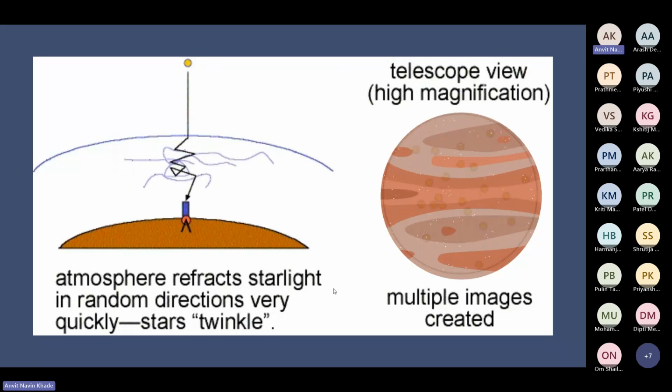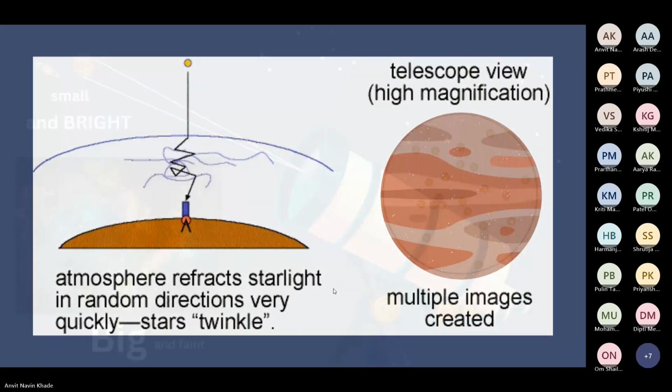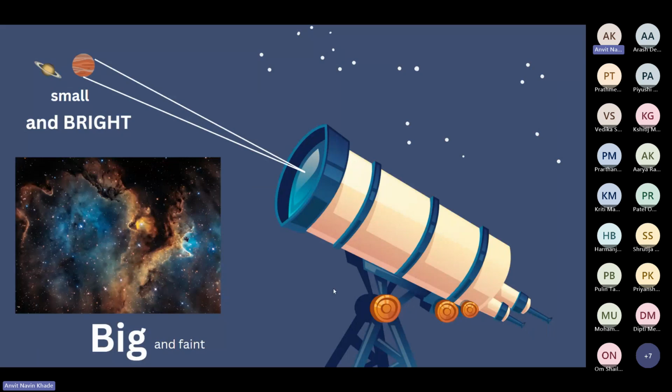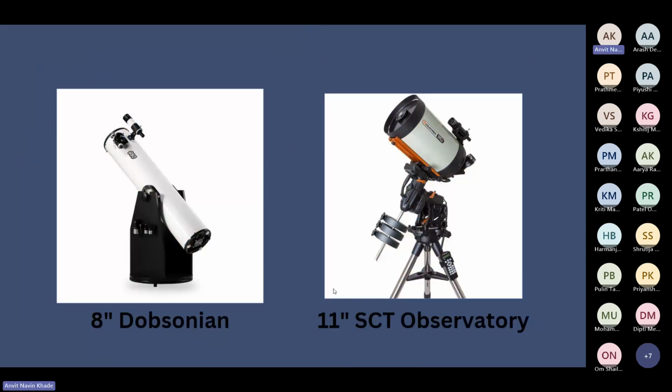So what are the challenges in planetary imaging? Since planets are small in angular size, we need bigger telescopes to shoot them. Using telescopes with longer focal length gives higher magnification, showing a clearer view of the planet. In Kritika, we use our 8-inch Dobsonian telescope to shoot planets.